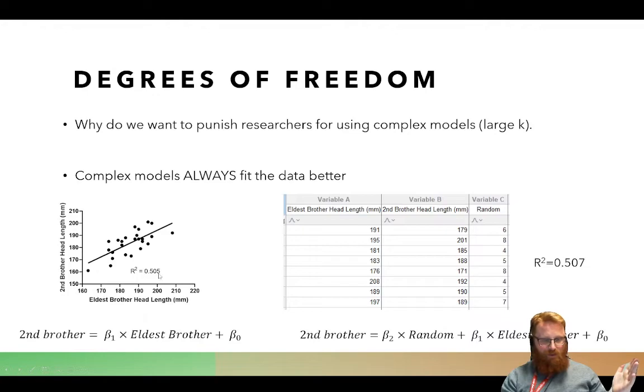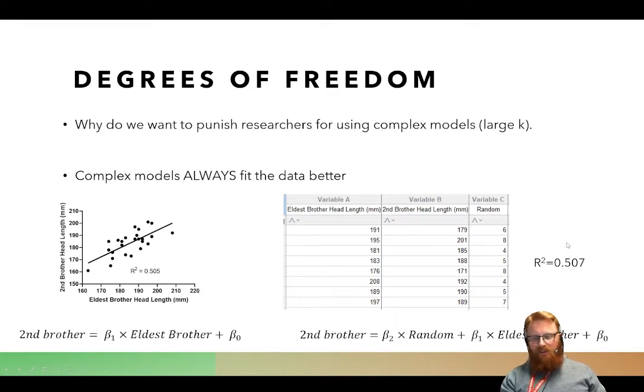When we do this, we get an R squared of 0.505. Now, I just took that data and added a random number to the model, so it fits a slightly more complex model, where it has one more coefficient that it multiplies by that random number, which has nothing to do with anything. And now the R squared has gone up to 0.507.